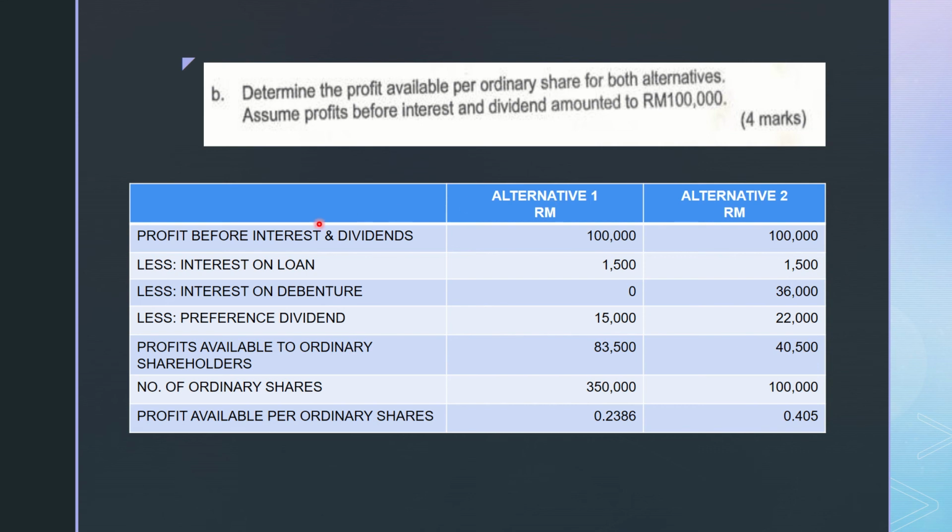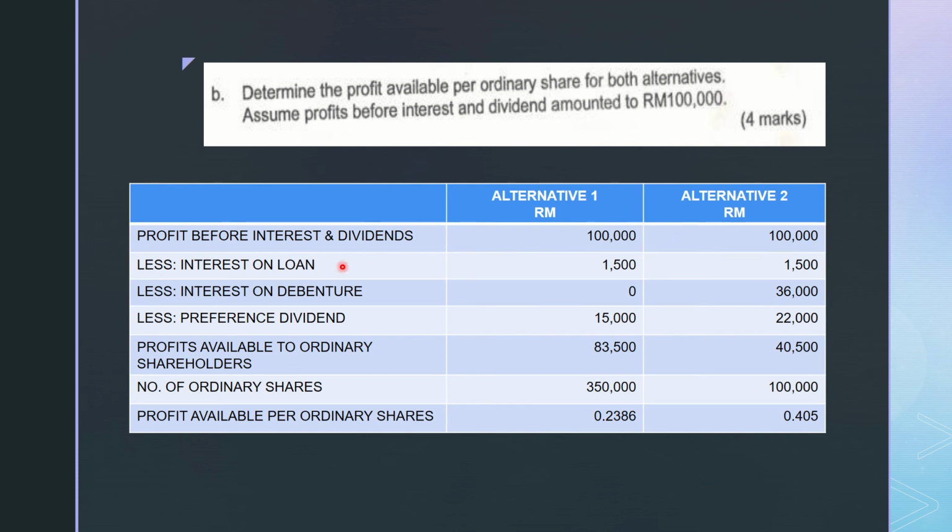Let's start with profit before interest and dividend. This time you have to assume that all these expenses are paid during the current year, during 2016. Profit before interest and dividend for both alternatives is 100,000.